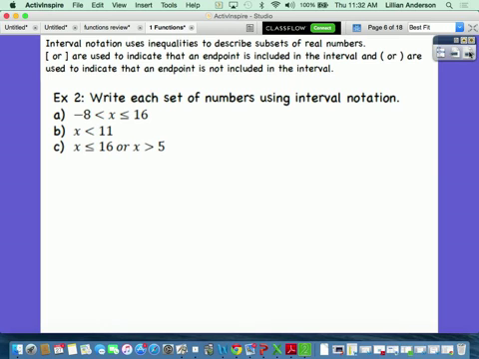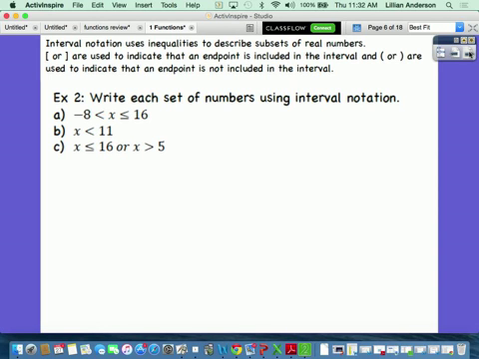And so when you write a set of numbers in interval notation, you gotta look at the symbols. If you have a less than or greater than, am I gonna use the brackets or the parentheses?